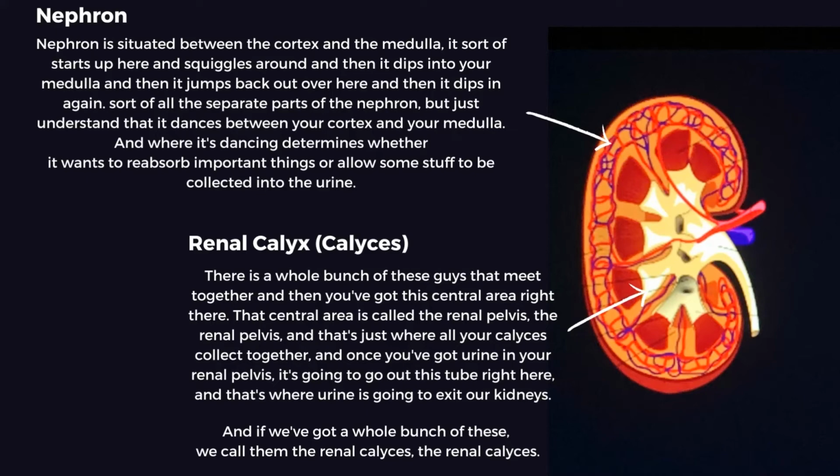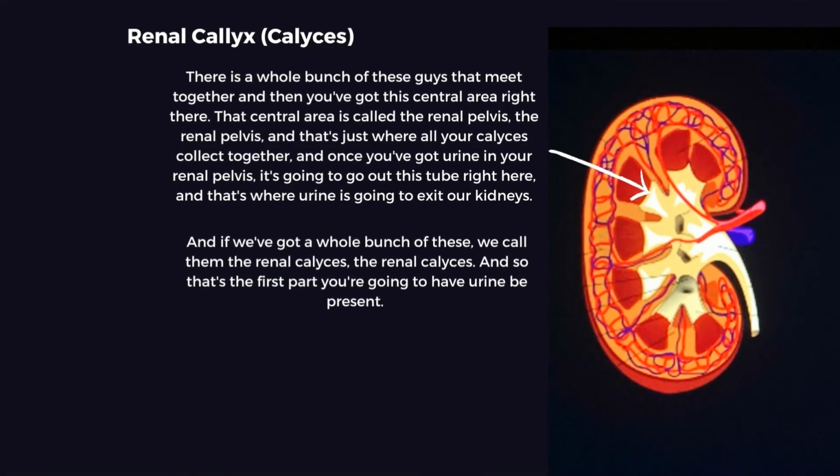Now for the collection process, we have these little tips that are kissing our renal medulla. These little tips right here that collect the urine are the first point where urine presents itself. This is called the renal calyx, and if we have a whole bunch of these, we call them the renal calyces.